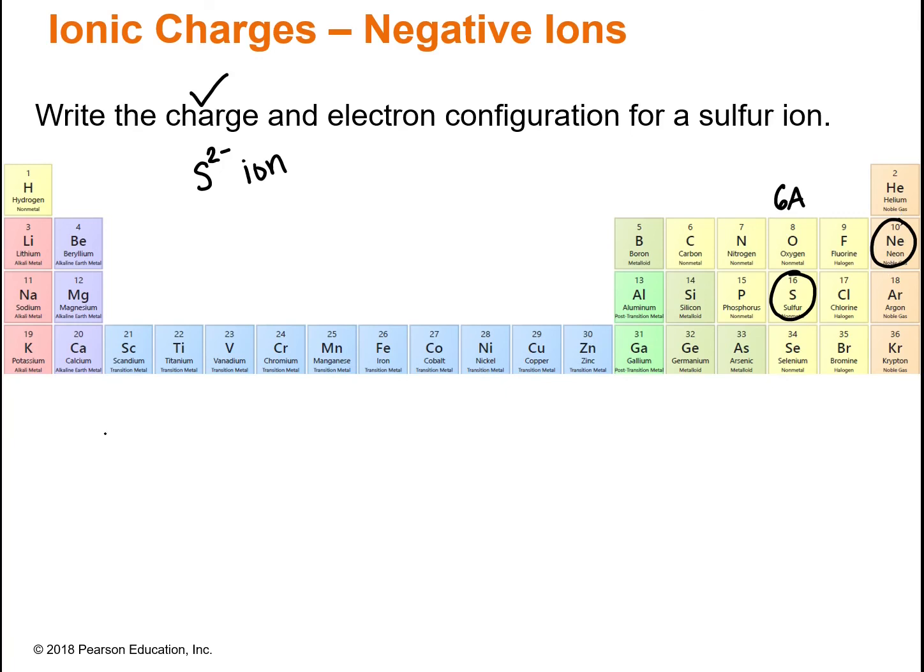So for the neutral atom, we're going to start with that neon core, and then we're going to write everything between it and sulfur. So we've got 3s2, and then we've got the 3p, 1, 2, 3, 4.